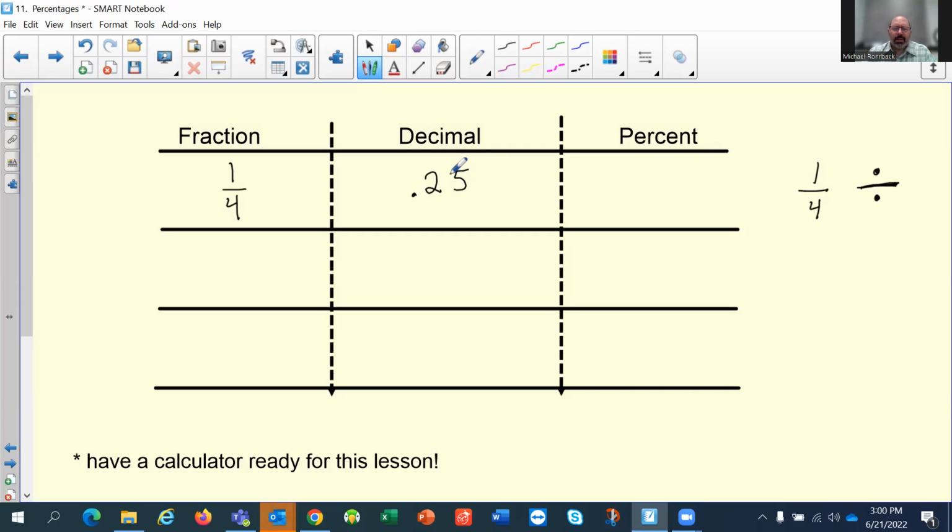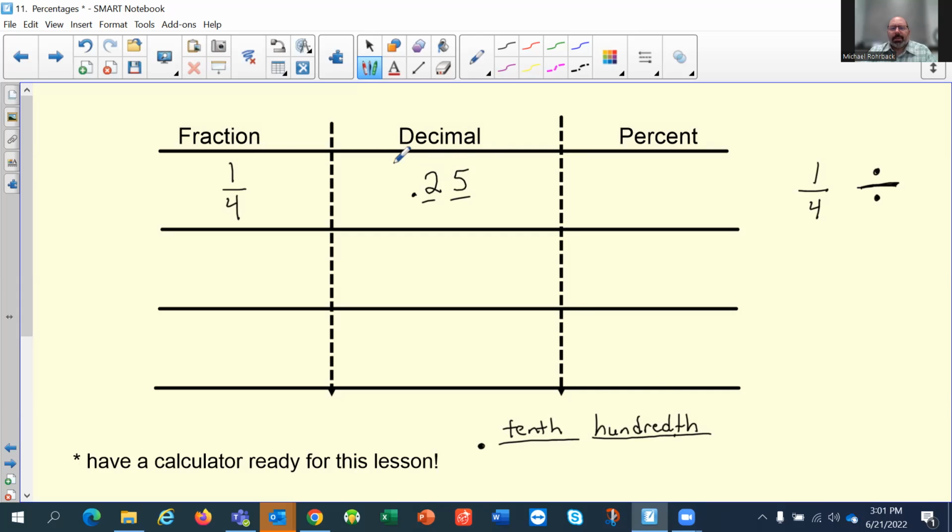We're going to get into how to read decimals correctly. In decimals, the first space in the decimal is the tenths place. So this is 2/10, because it's in the first space. The second space in a decimal is the hundredths place.